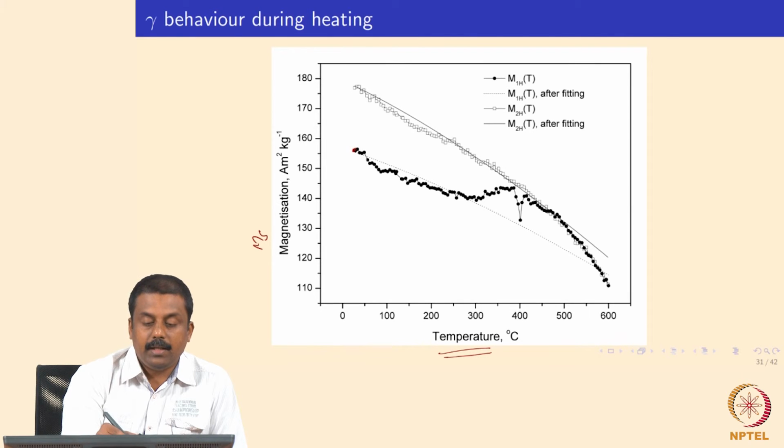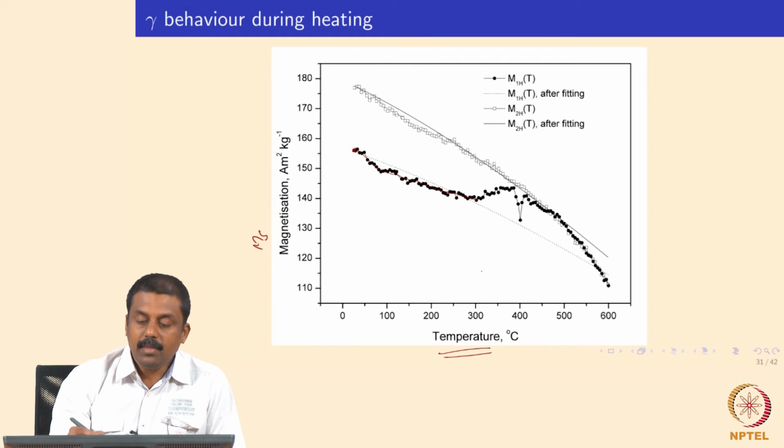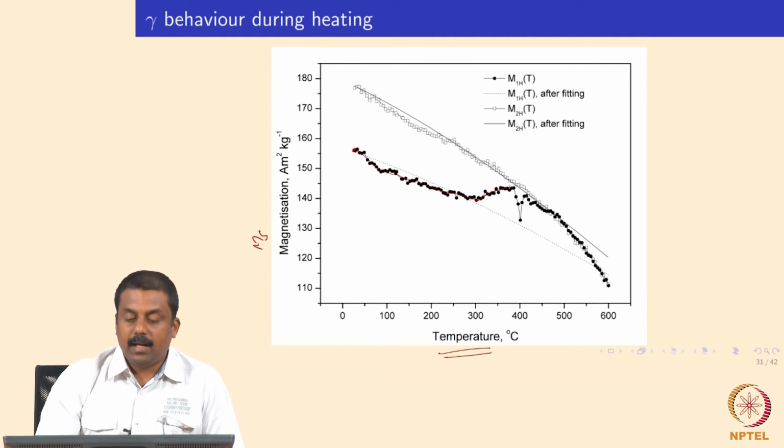What you see over here is the magnetization decreases as a function of temperature, and once you reach a critical temperature, the retained austenite present in the microstructure is transforming into another phase, which is ferromagnetic.